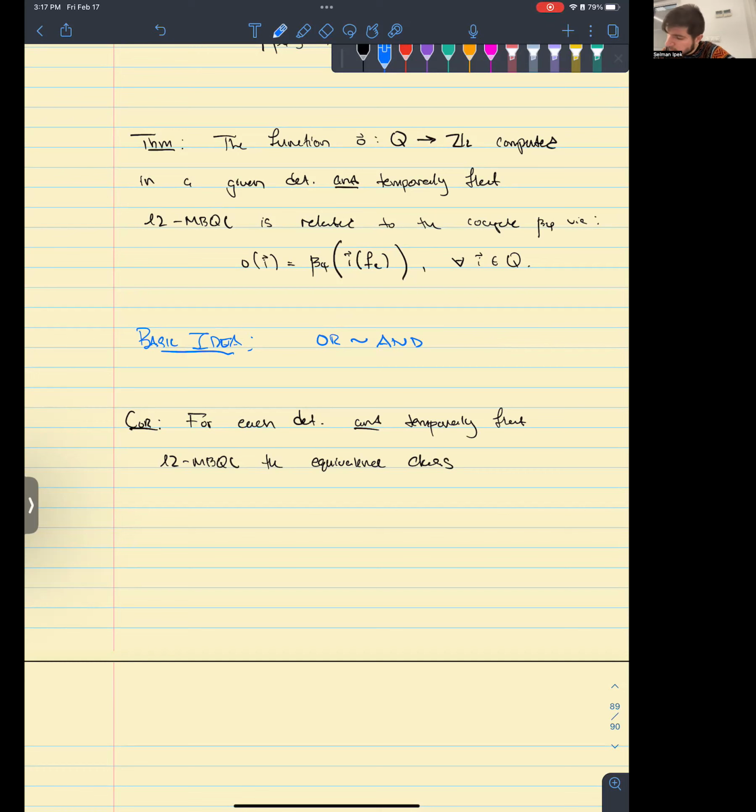When you make this assertion, the equivalence class O of output functions is fully determined in this case by the equivalence class of beta psi, which is more satisfying.